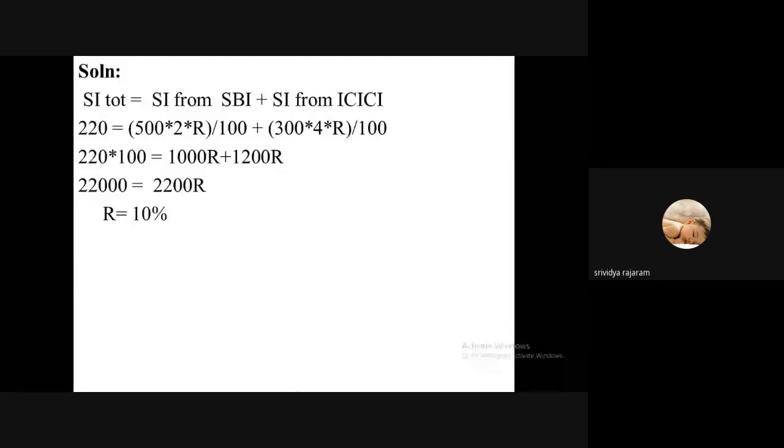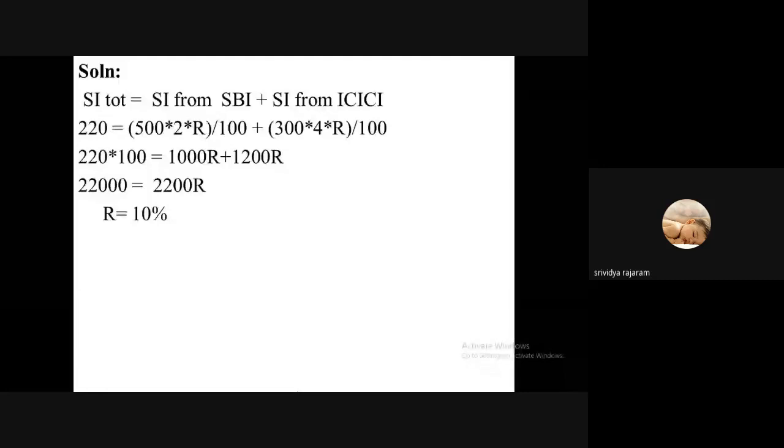While reading the question, make sure that N is given only in terms of years, not in months. If it is given in terms of months, you have to first convert that into years and then substitute in the formula. For converting months into years, just divide the given months by 12, you'll get it in terms of years, and then substitute in the formula.